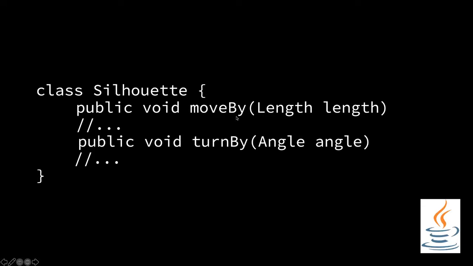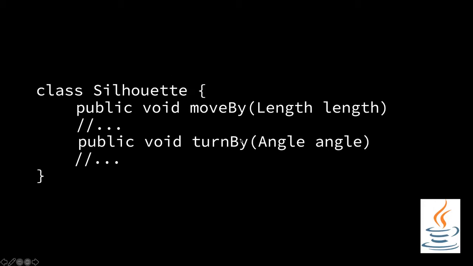So we have two methods, moved by a length and turned by an angle. And what we get here, that's a so-called domain model with rich domain behavior. Rich domain behavior because we have domain language, the ubiquitous language here, silhouette, moved by, length, angle, turn by, all words that are coming from the domain.